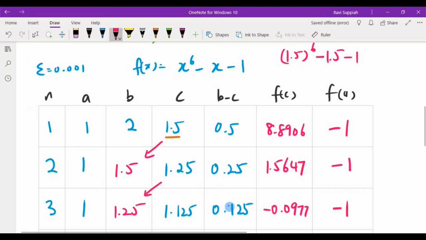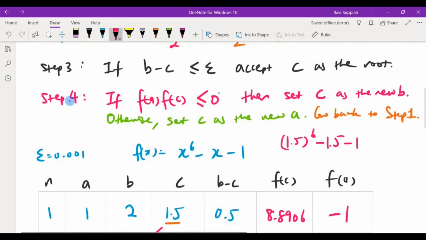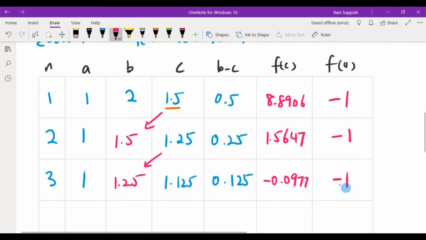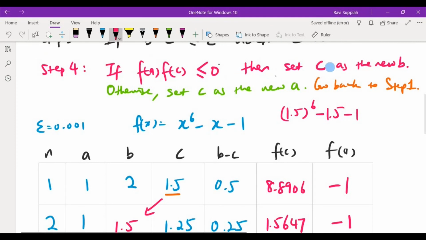It is not yet there, so I have to carry on, and to carry on I look at step 4. If I look at FA multiplied by FC, what I see is FA is negative, FC is negative, so negative and negative is positive. So when negative and negative is positive, this first condition is not fulfilled.